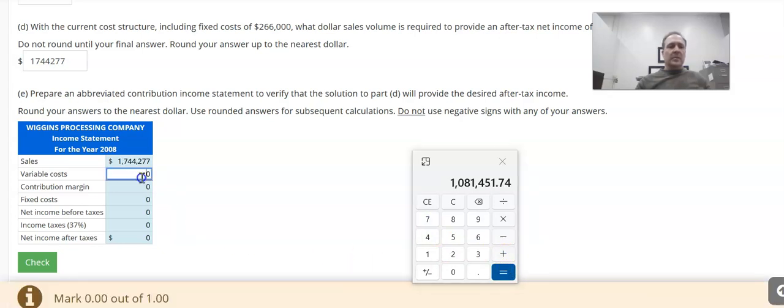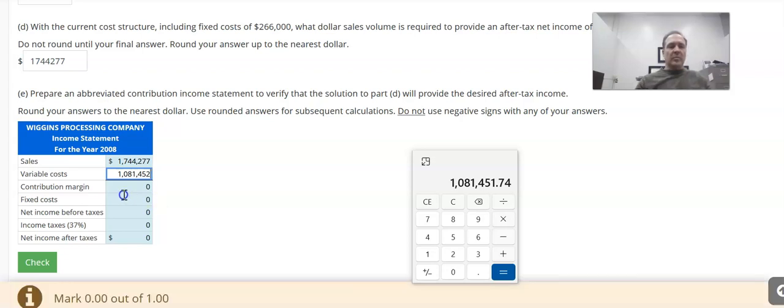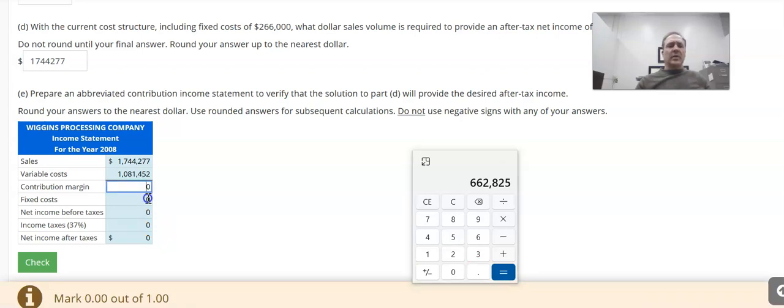Okay, so let's see here, 1,081,452, because I'm pretty sure that would be right. And then for our contribution margin, we're just going to take the sales and subtract out all of our variable costs. $662,825.